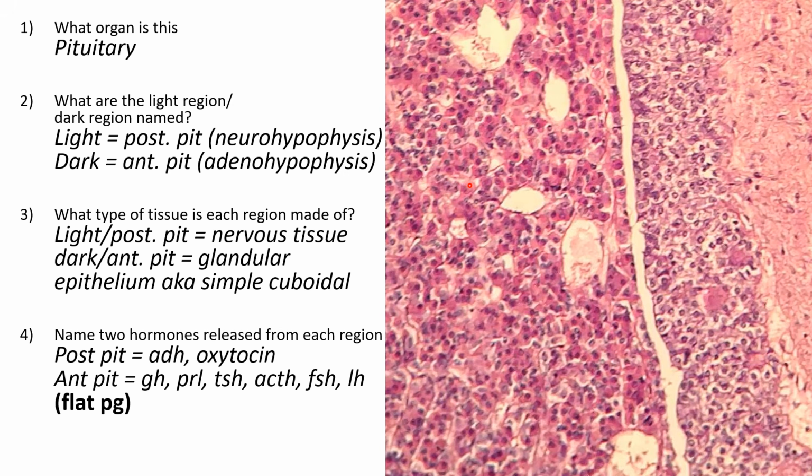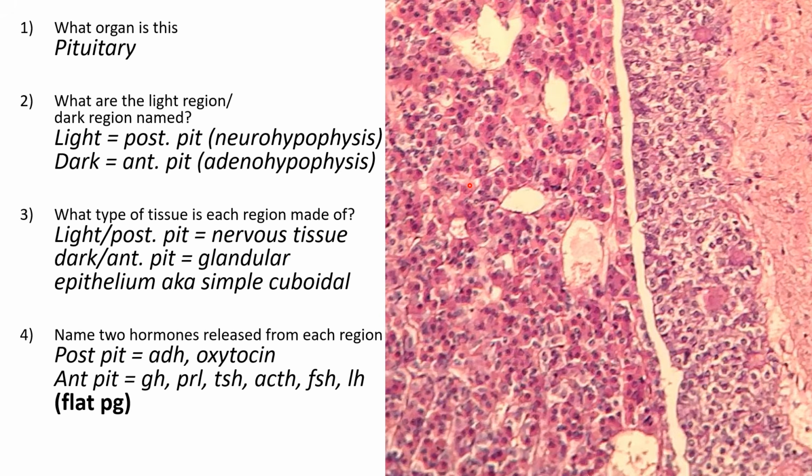And so for the school I go to, it's just a safe idea to know at least 2 hormones from each region of the pituitary, and at least 1 hormone from each endocrine gland. The posterior only releases 2 things, ADH and oxytocin.